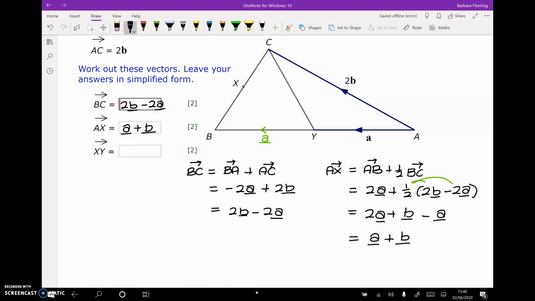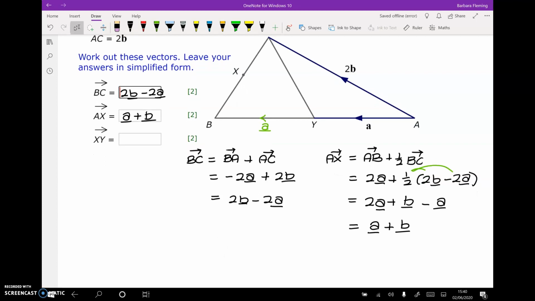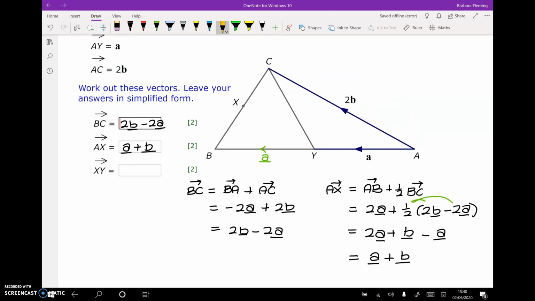Okay. Then we're going from X to Y. And just thinking about any of your routes here so far, because we've been going from B to C, I'm going to keep that direction going. So I'm going to think about this as going from X to C, then going from C to A, and then going from A to Y, because I know I'm going to be able to find all of those bits.